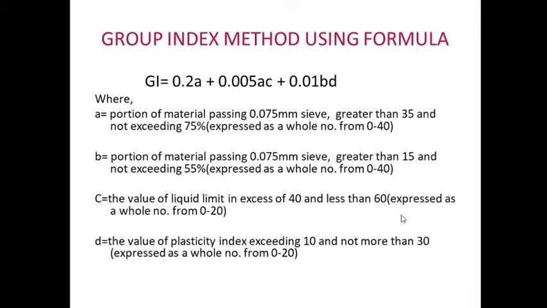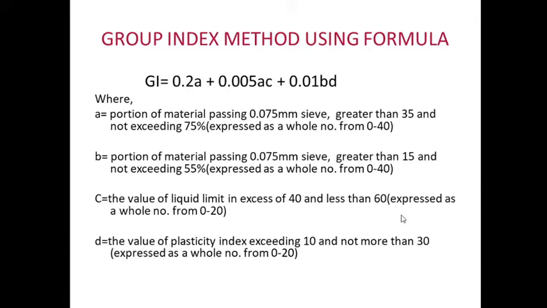In the group index formula, A is the portion of material passing the 0.75 mm sieve greater than 35 and not exceeding 75%, expressed as a whole number 0 to 40. B is the portion of material passing the 0.75 mm sieve greater than 15 and not exceeding 55%, expressed as a whole number 0 to 40.